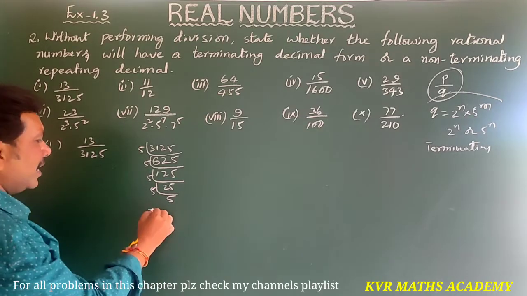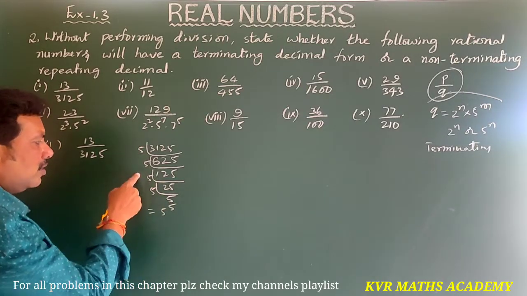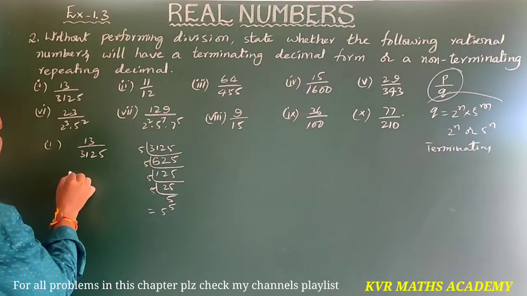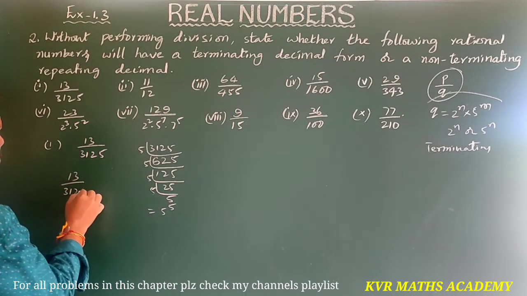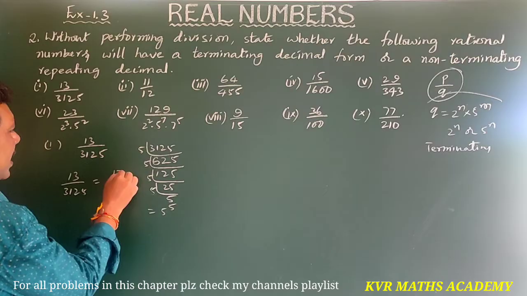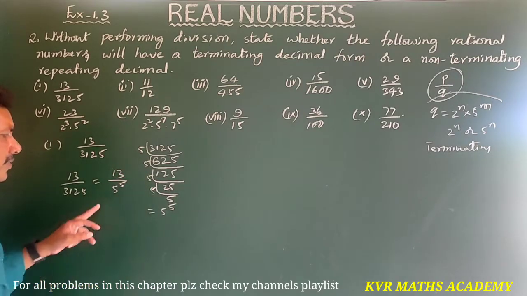So this can be written in the form of 5 power 5. So 13 by 3125 is equal to 13 by 5 power 5.